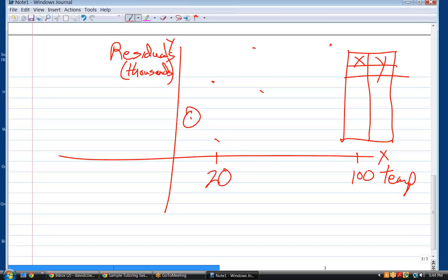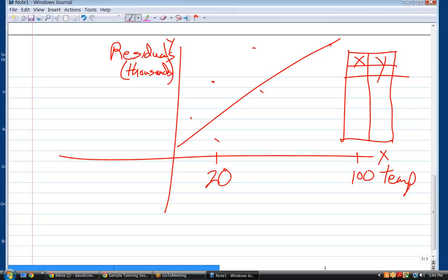That's how you do these. Now, as far as the meaning of the slope, the slope of that line is the change in residuals versus the change in temperature. That's the meaning of it.